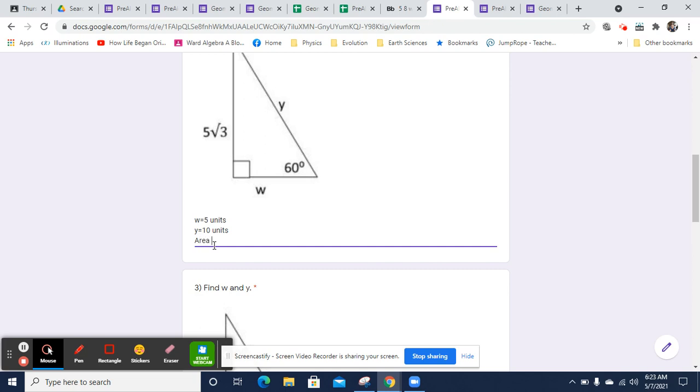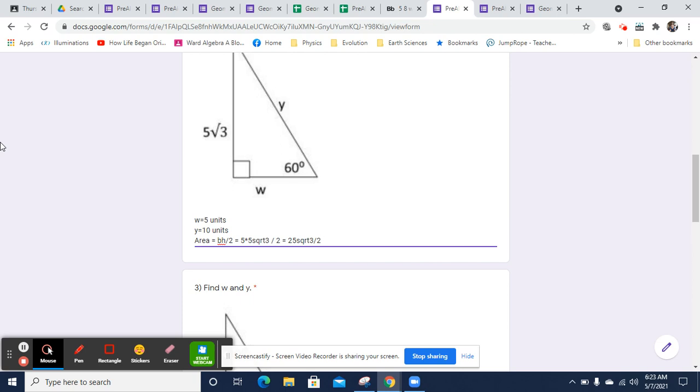So area equals BH over 2, which will equal 5 times 5 square root of 3 all over 2. So that's going to just be 25 square root of 3 over 2.